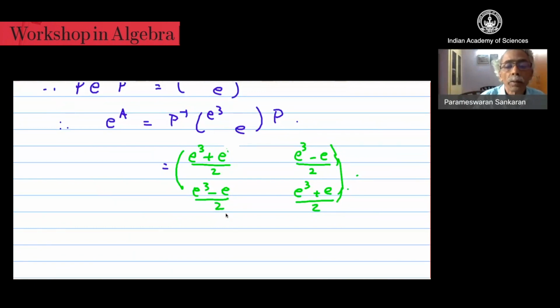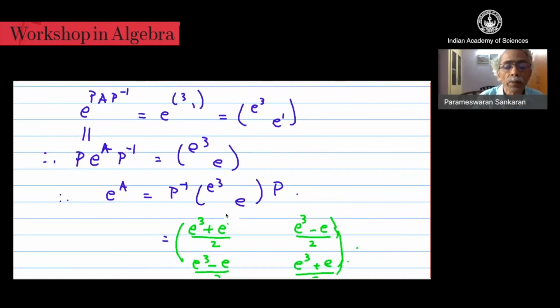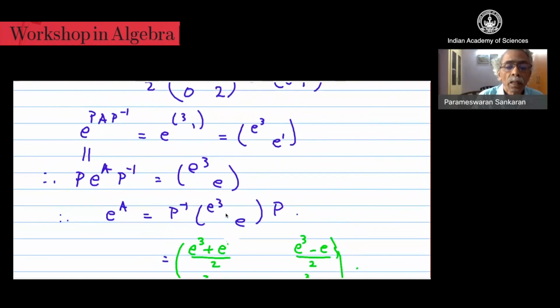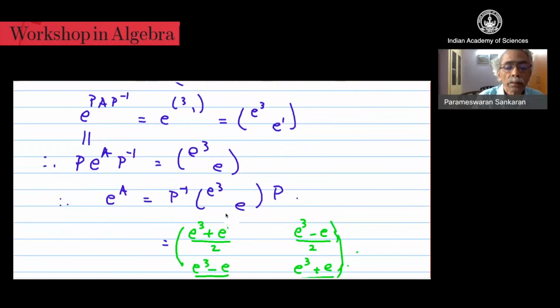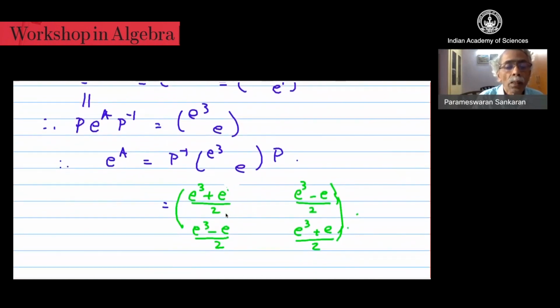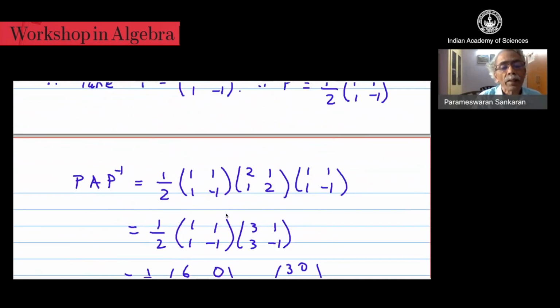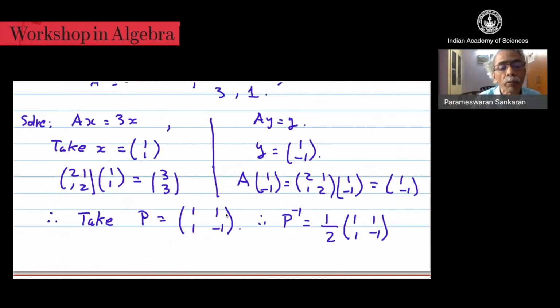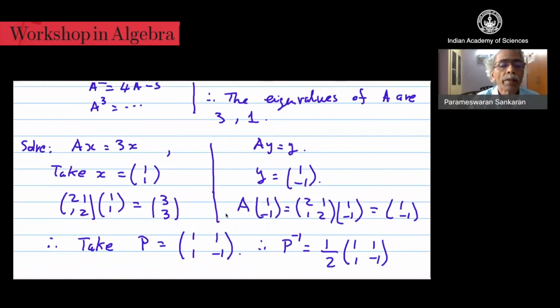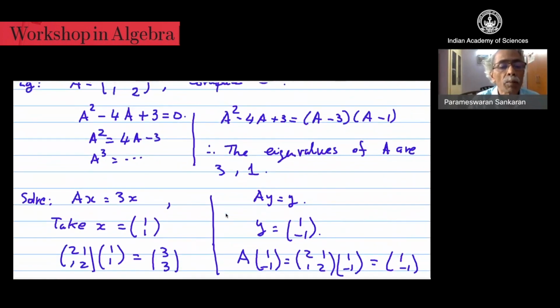What is a comment I wanted to make about this calculation? Okay, I took a sort of convenient matrix which has real entries and therefore it was diagonalizable. It's quite possible that you have a more complicated matrix, and then the problem is it may not have real eigenvalues.